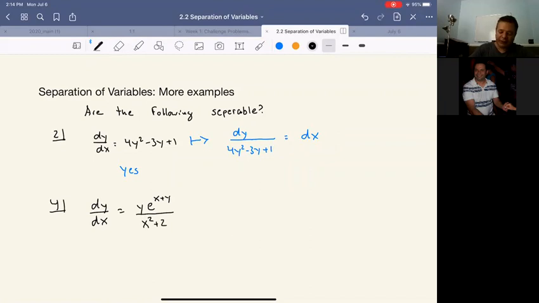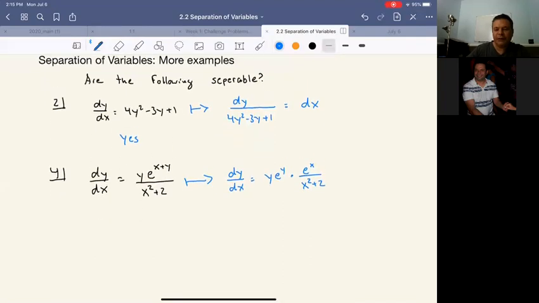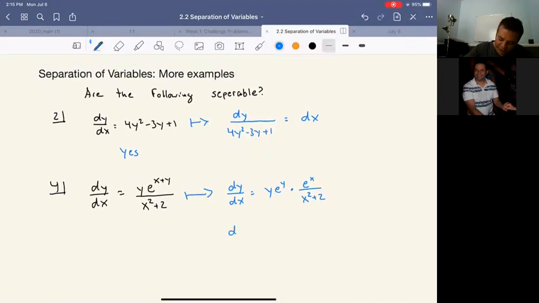Okay, so I could write that as dy over dx equals y e to the y times e to the x over x squared plus 2. Okay, so dy over y e to the y equals e to the x over x squared plus 2 dx. Also separable.